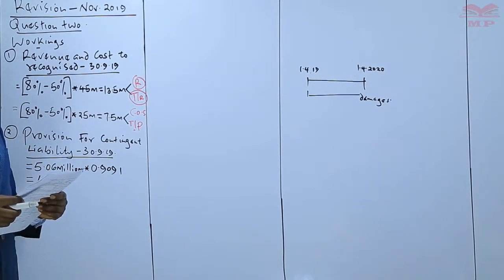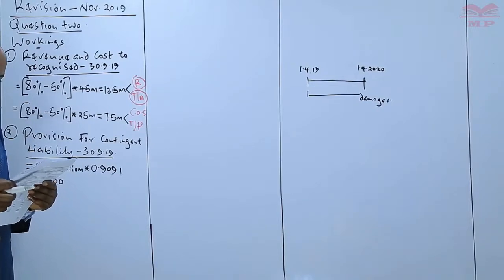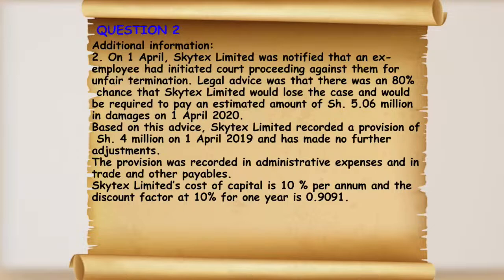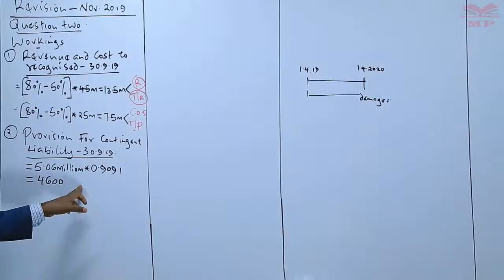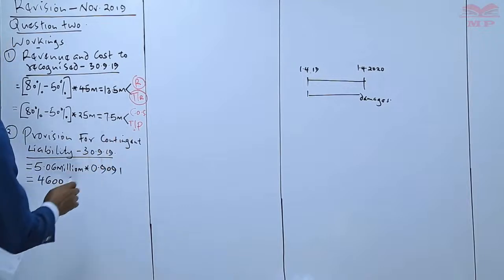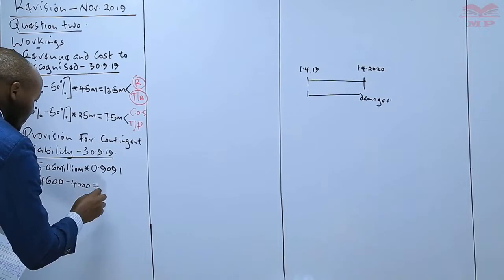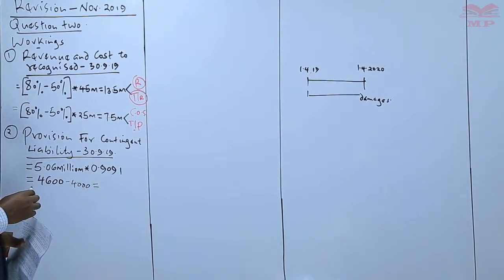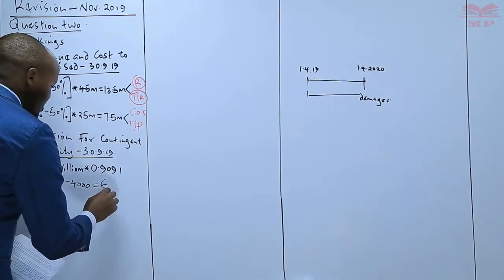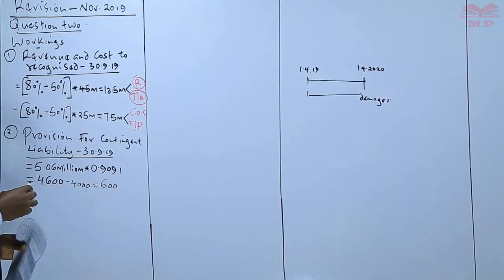But what we are told, if you go back to note number 2, paragraph 2, is that the company had made a provision of 4 million. But in our case, we have said that this company was supposed to make a provision of 4.6 million. So therefore, at the end of the current financial year, the company will need to make an additional provision which is equivalent to the difference. Our difference in our case here will be equivalent to what? 600,000.